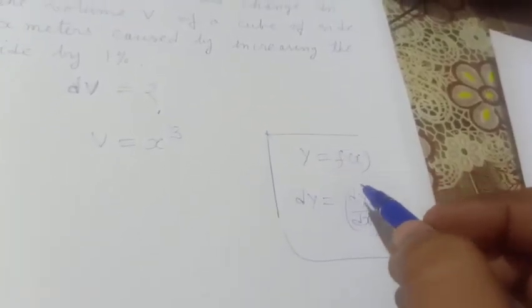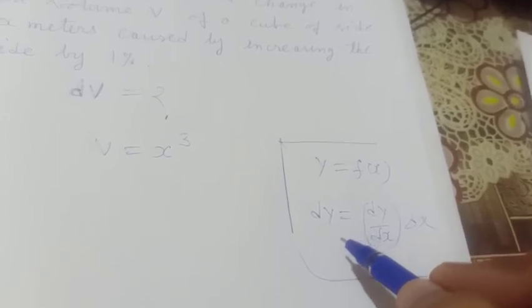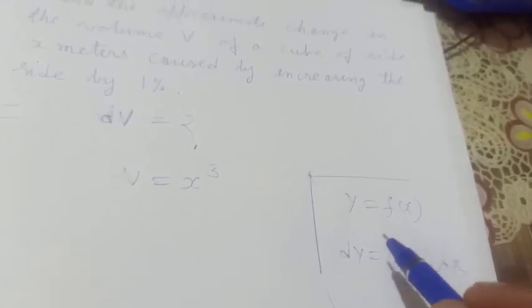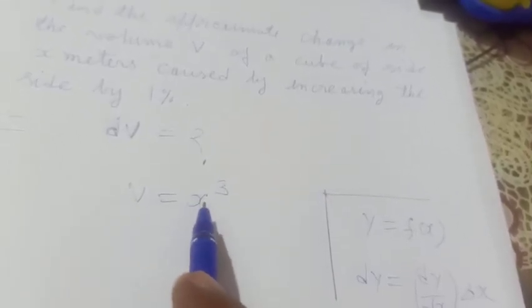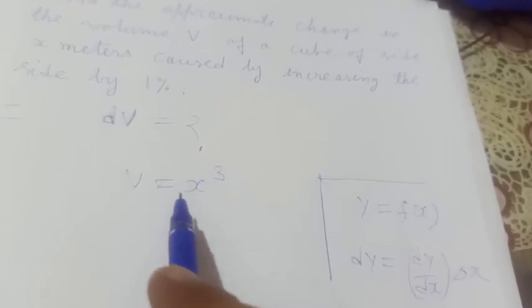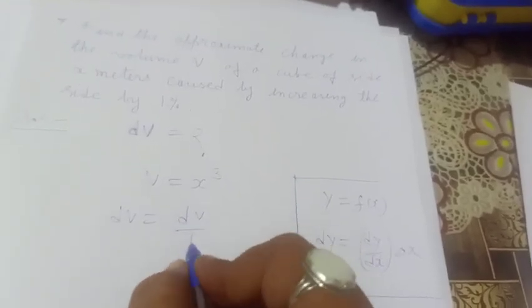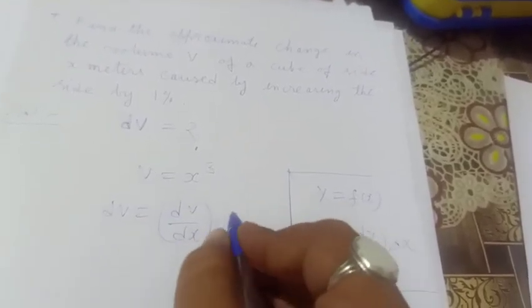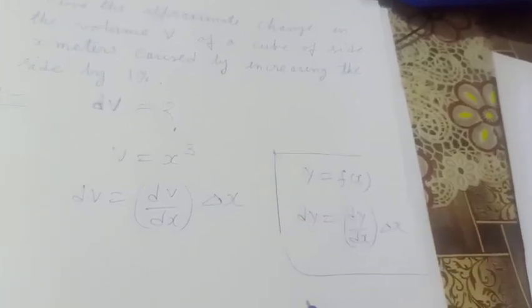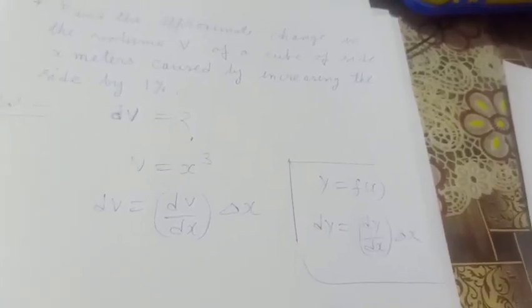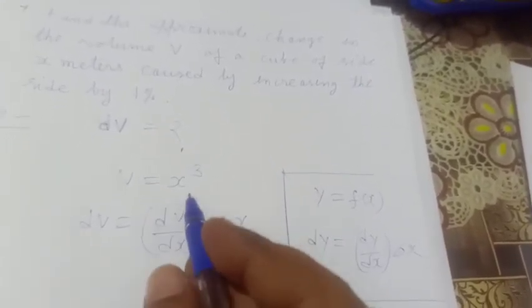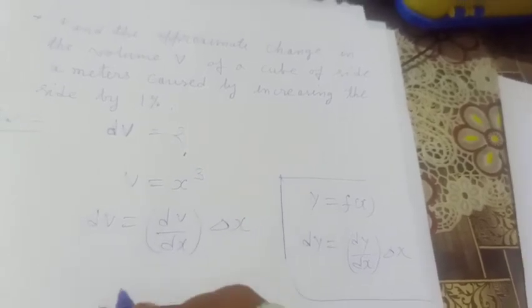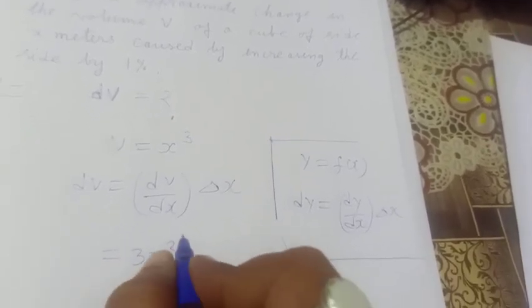For y equal to f of x, we have proved that dy equals dy by dx into delta x. Similarly, for V equal to f of x, we can say that dV equals dV by dx into delta x. Now V equals x cube, so we can say dV by dx is 3x square.